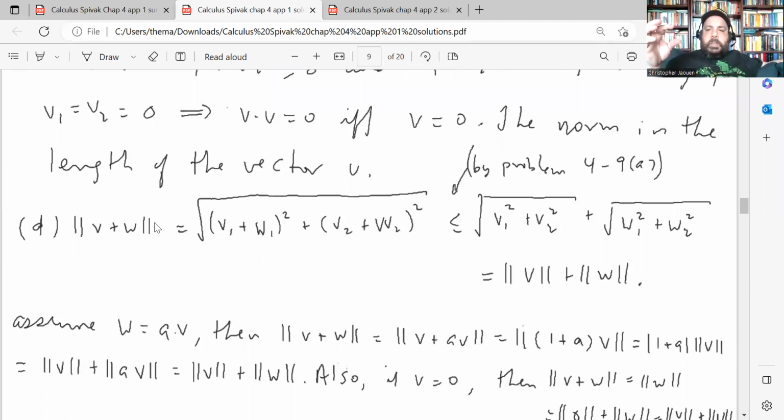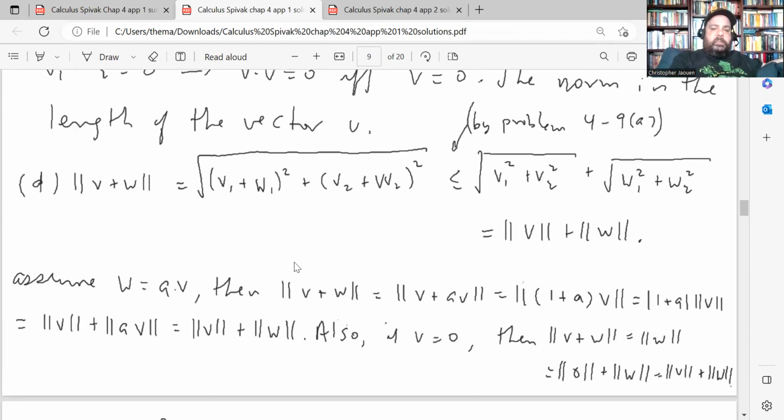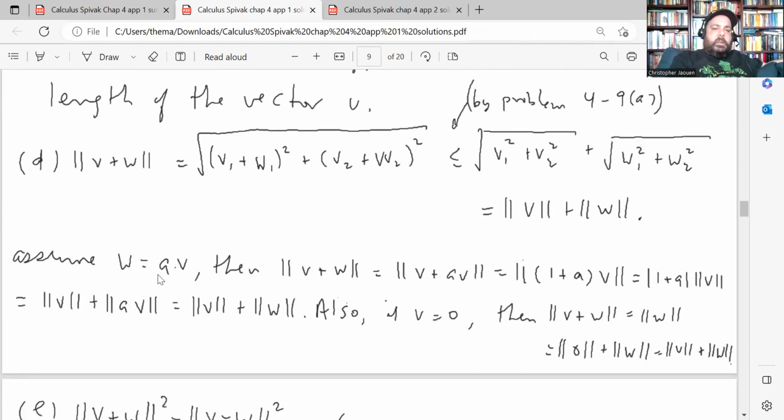If you watch that video, we derived a couple of inequalities. So I just used the first inequality in that problem. You just plug in the coordinates and you get what you want. Okay, and then for the other part, if you assume that W is a scalar multiple of V, then you get equality.